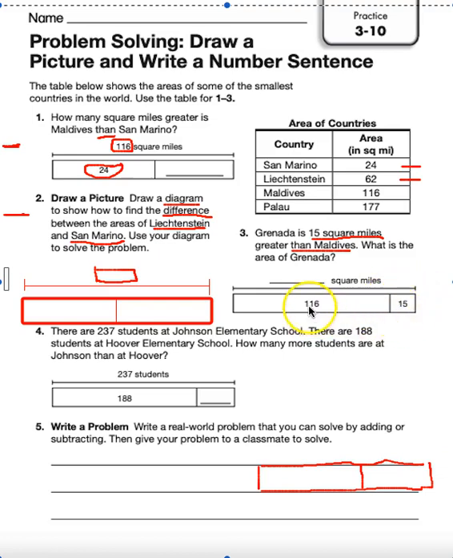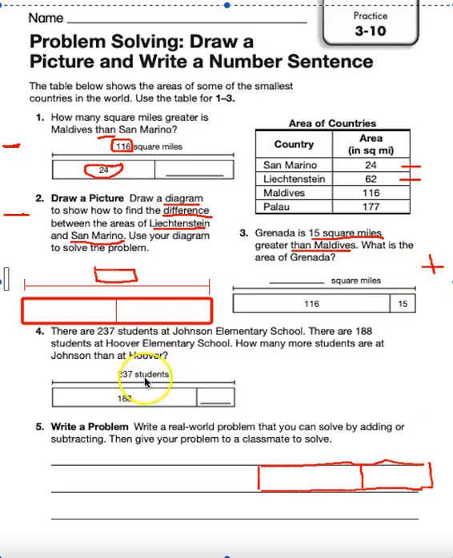If you have two numbers down on the bottom, this is going to be an addition problem because they're not giving you the in all.